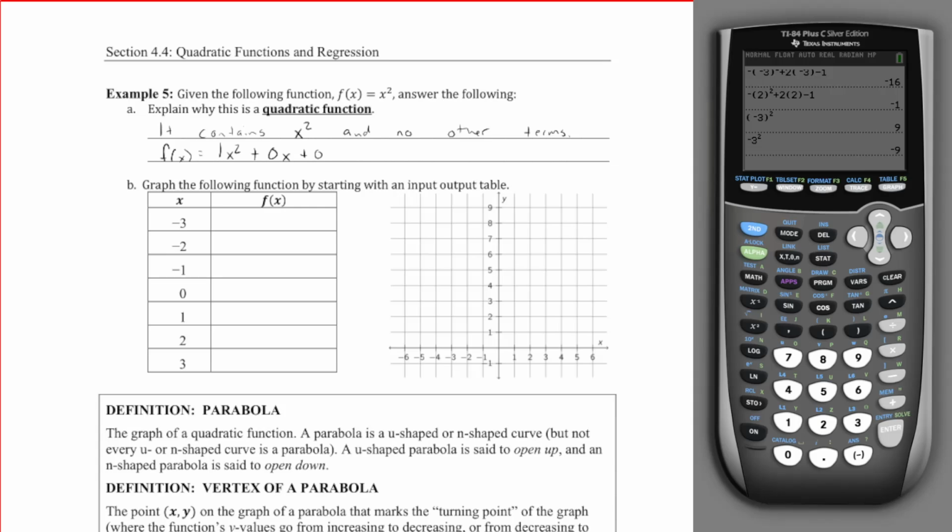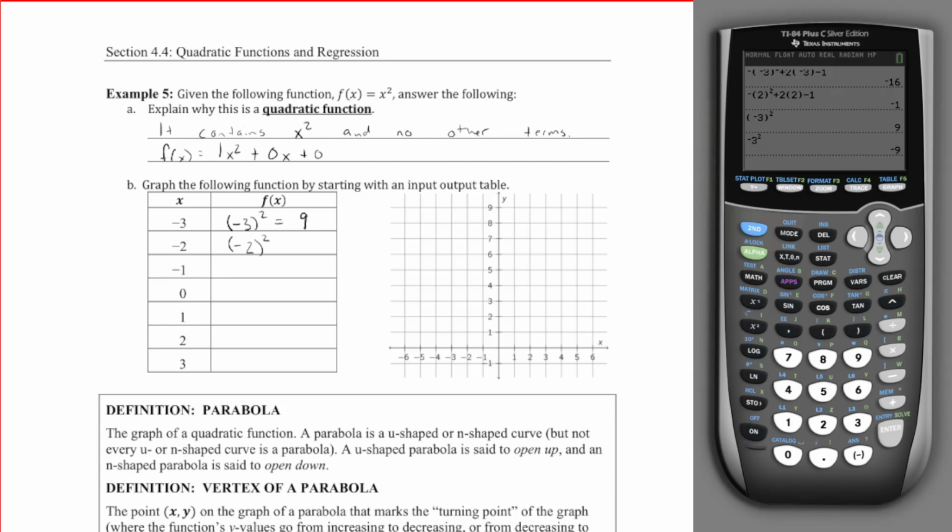And let's think about what its graph looks like. If x is negative 3, then f of x is negative 3 squared, which we actually just worked out as positive 9. When x is negative 2, f of x is negative 2 squared.